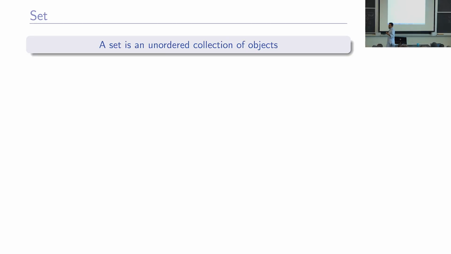So a set is an unordered collection of objects, right? An unordered collection of objects. Every word is important: collection, objects, unordered, and set, right? Set is the name we give to these creatures, and this is the first discrete structure we are studying, and we'll build upon it extensively, right?